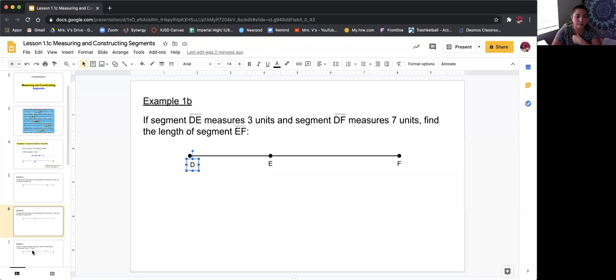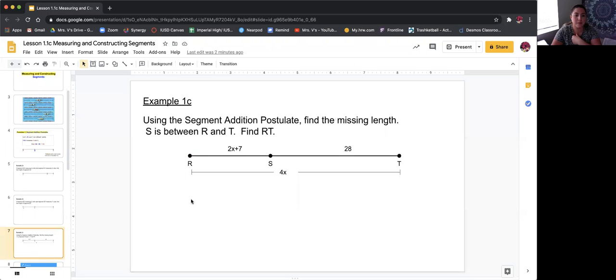Next example, example 1C. This one says, using the segment addition postulate, find the missing length. And it's giving us information. It says S is between R and T. Find RT. Now let's see.